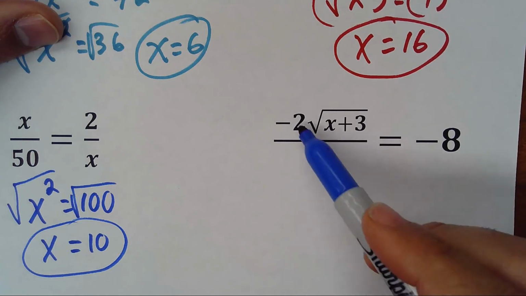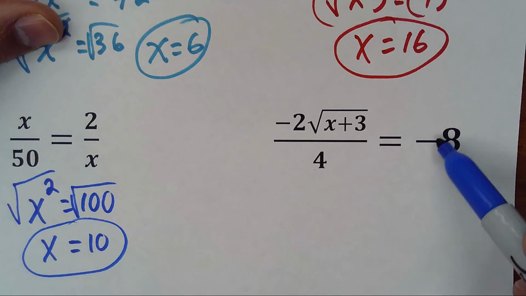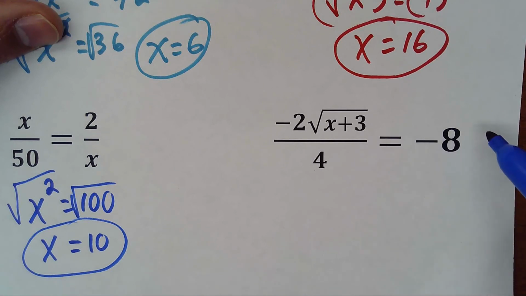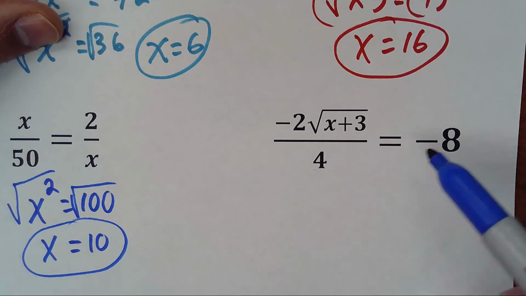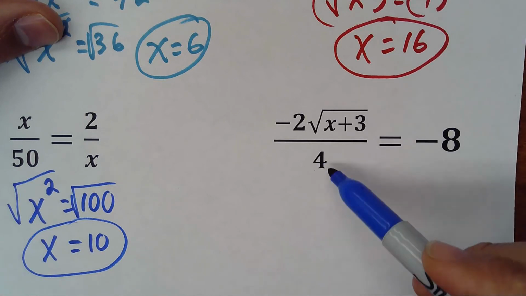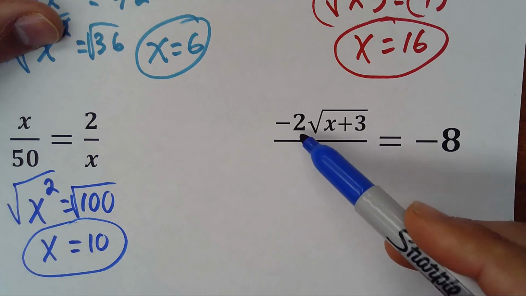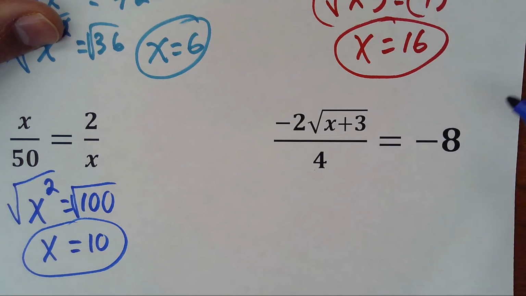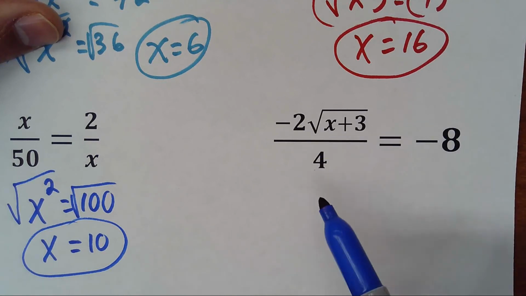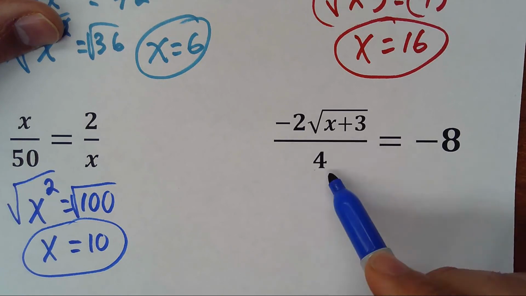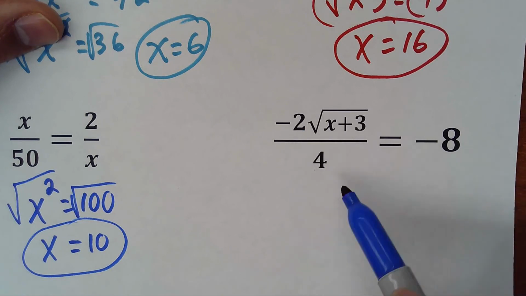It will be 1/2, and just multiply negative 8 times negative 2. Or, which is longer, 4 times negative 8 is negative 32 divided by negative 2, which is 16. In the end, it's the same thing, but simplifying first is better and faster.